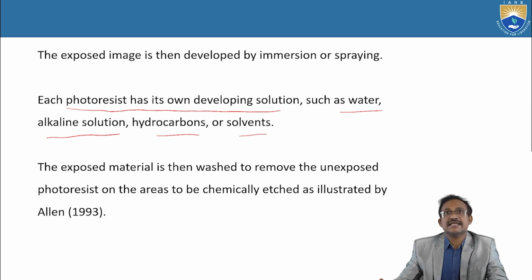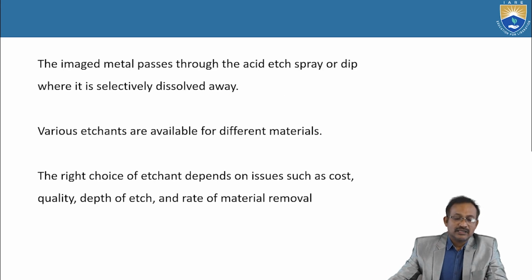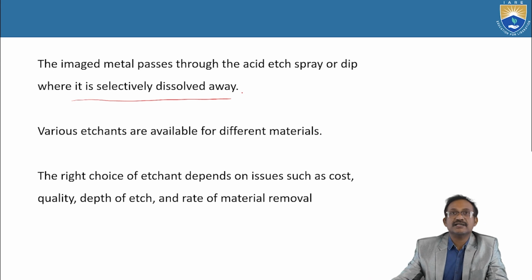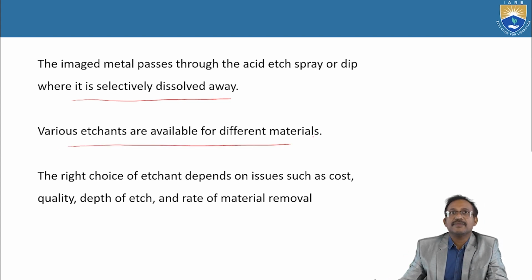The exposed material is then washed to remove the unexposed photoresist on the areas to be chemically etched, as illustrated by Allen in 1993. The imaged metal passes through the acid etch spray or dip, where it is selectively dissolved away. Various etchants are available for different materials.